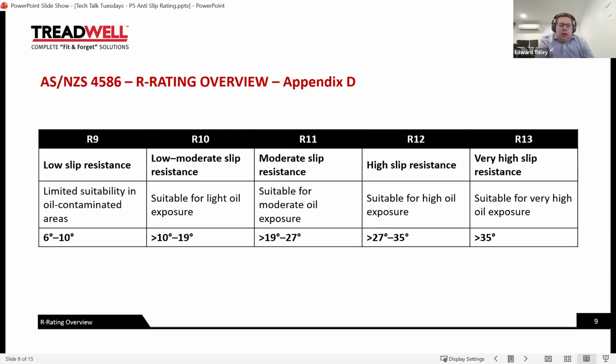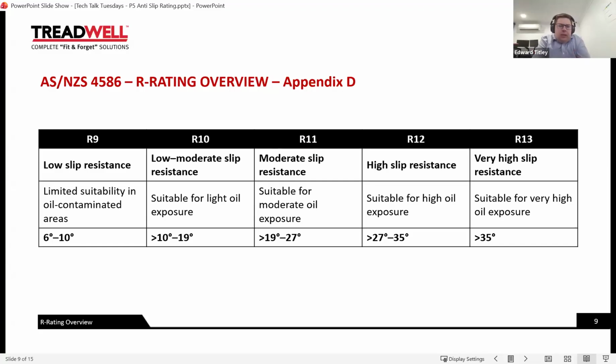So we start at R9, which is low slip resistance, limited suitability in oil contaminated areas. The suggestion there is that a ramp from 6 to 10 degrees is going to be suitable with an R9 classification product. And we go through to R13, which is very high slip resistance, suitable for very high oil exposure, and a ramp, or a slope, of greater than 35 degrees.